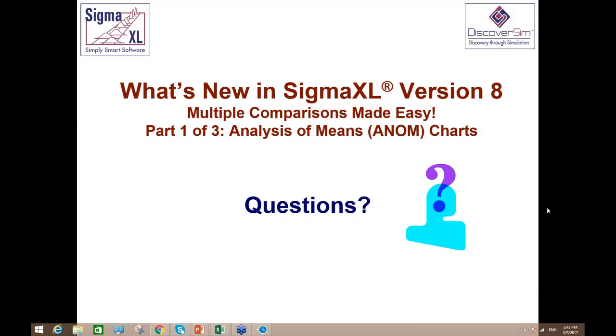All right, so let me just have a look at some of these questions here. Okay, so Stephen asked about, not sure I fully appreciate the extra value that we're getting from Anom compared to Anova. And in some cases, it's obvious. The Anova pairwise comparisons show you that there's a difference between type 1 and type 2, but the Anom chart shows you differences from the grand mean.